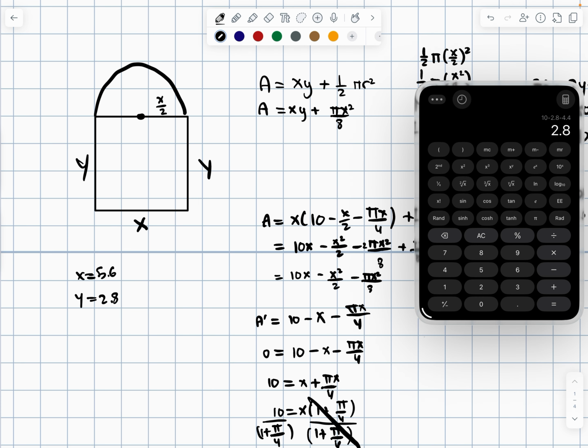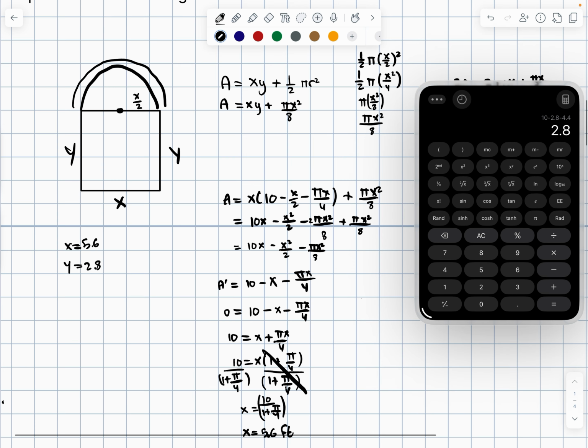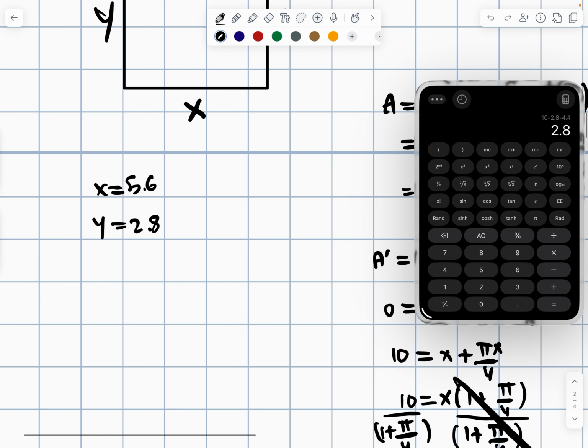And then we also need to figure out this dimension here, our semicircle, because that's one whole side as well. So pi r is what we need to apply.